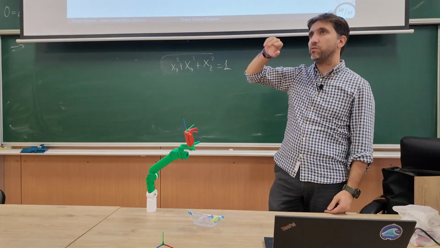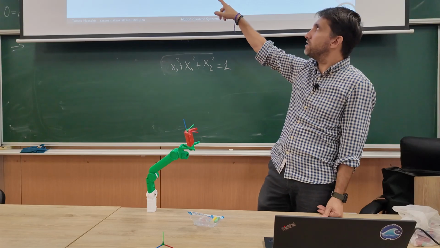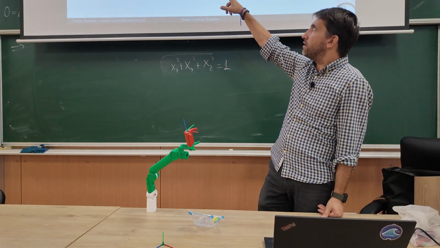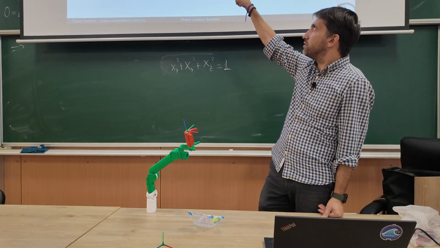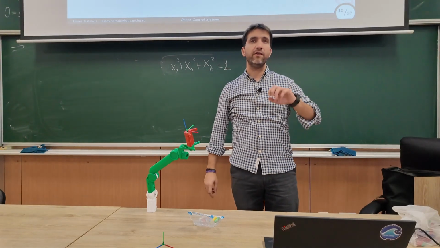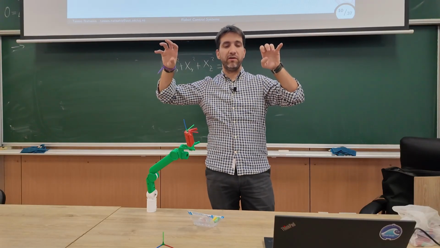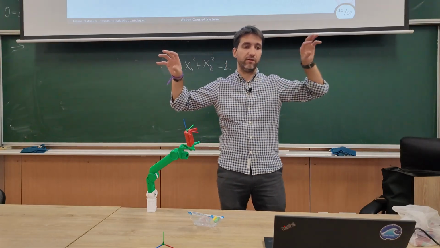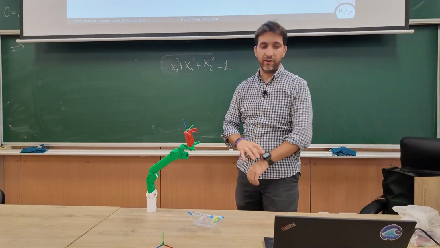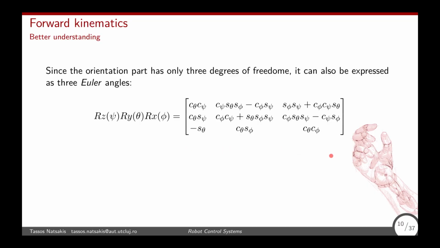The type of rotations that we have can vary, but typically for robotics we use a rotation around z by an angle psi, a rotation around y by an angle theta, and a rotation around x with an angle phi. We can read this as rotation around z multiplied from the right, rotation y multiplied from the right, rotation around x, or the other way around, rotation around x multiplied from the left. I mean, your left is my right, right? But basically, the resulting orientation will be something like this.